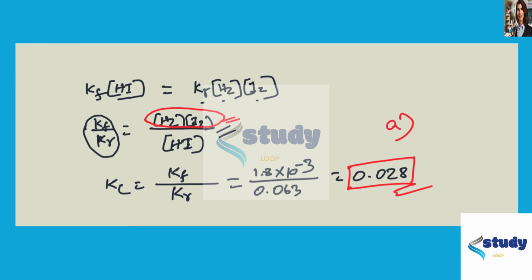That means with the temperature increase, we are increasing the concentration of the products, and that means the forward reaction is favored by the increase of temperature. And we know that if a reaction is favored by the increase of temperature, that means the reaction is endothermic.